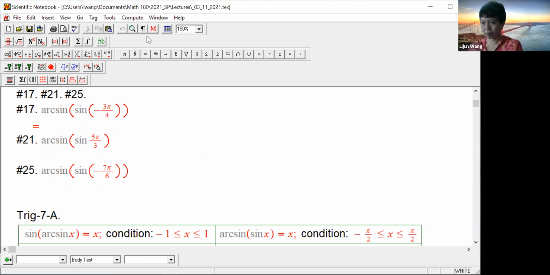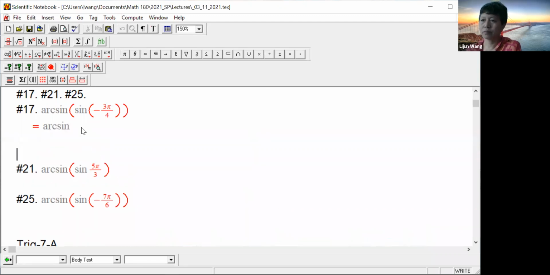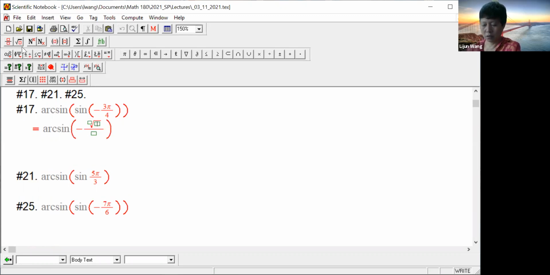In your head, you're using the definition. The terminal side is in the third quadrant, and therefore it's going to be a negative ratio. It's a special angle. And then what?